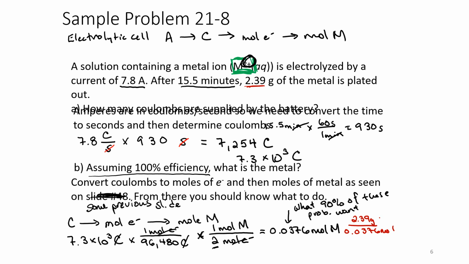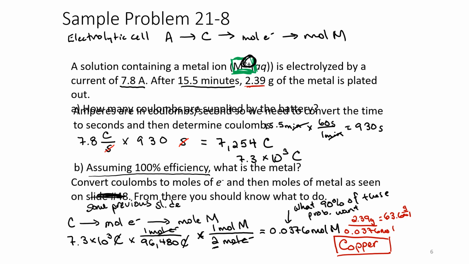And so we're going to get 63.56 or 63.6 grams per mole. If you look at a periodic table and find the one that has the molar mass closest to that, the answer is going to be copper. And that was our final answer then.